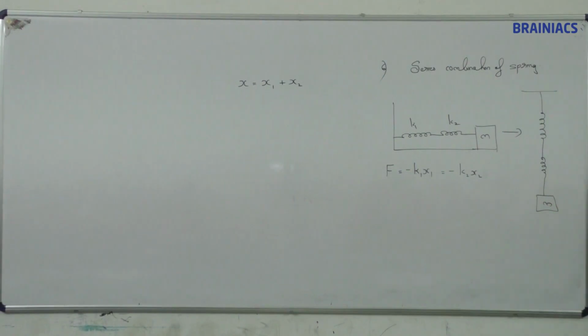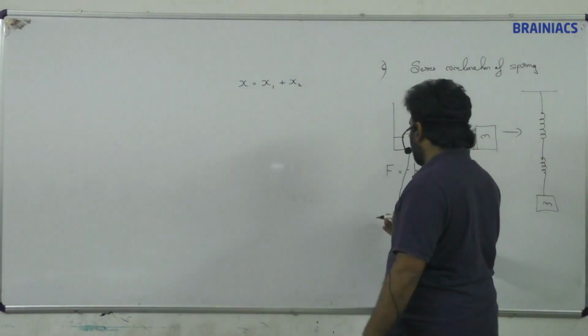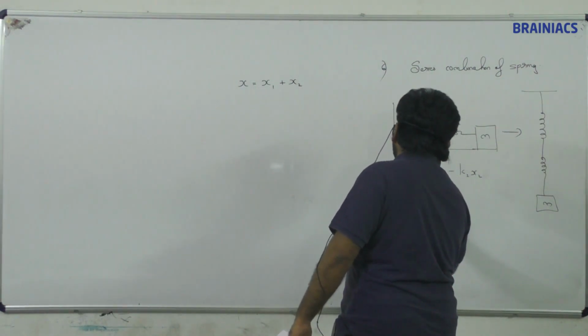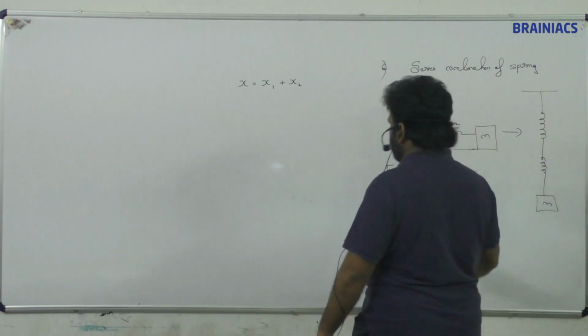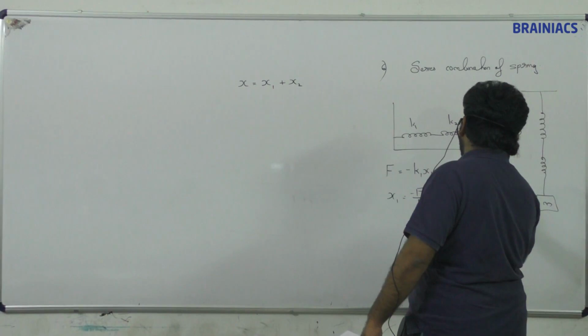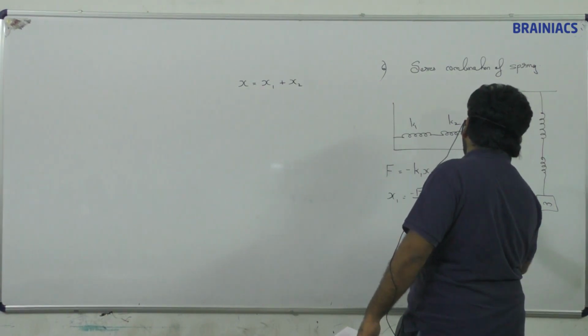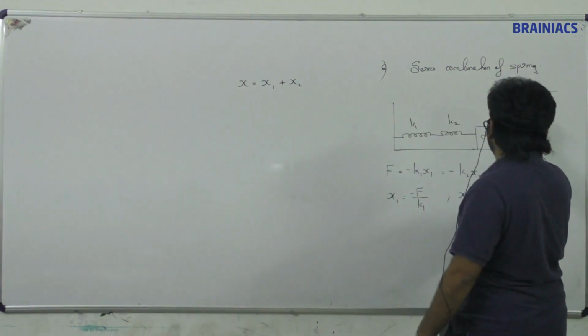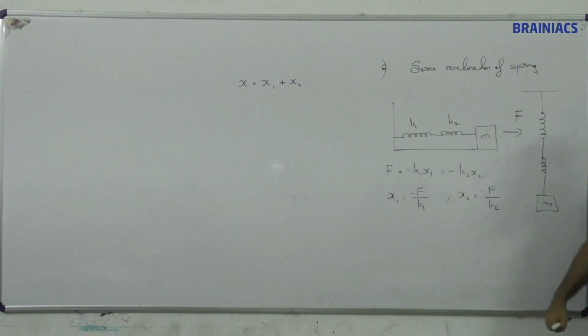The force on both the springs will be the same. So x1 is equal to minus F by K1 and x2 is equal to minus F by K2.